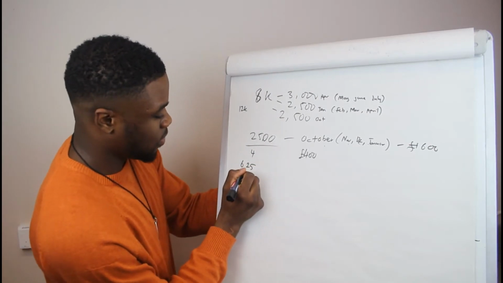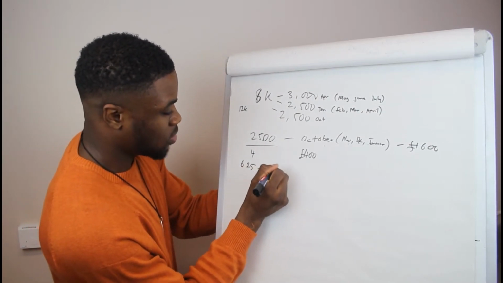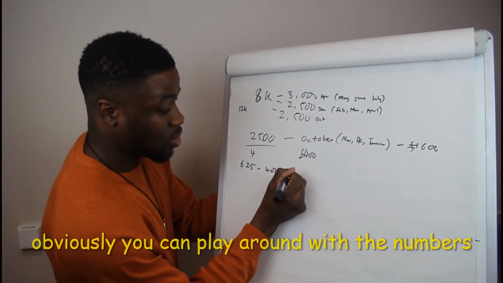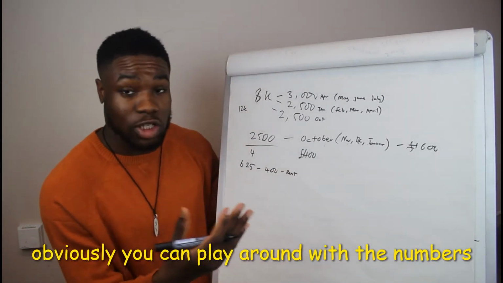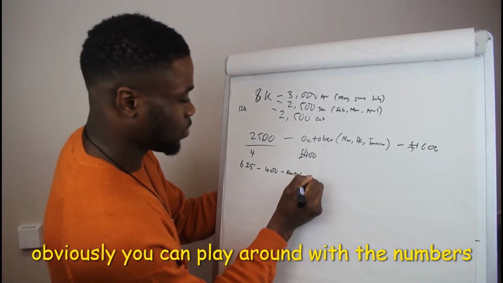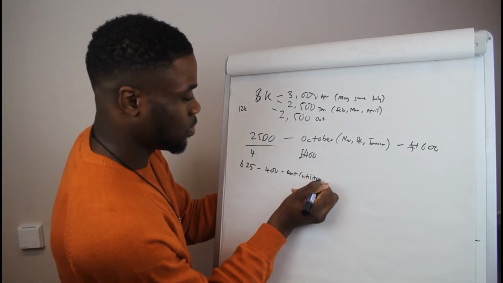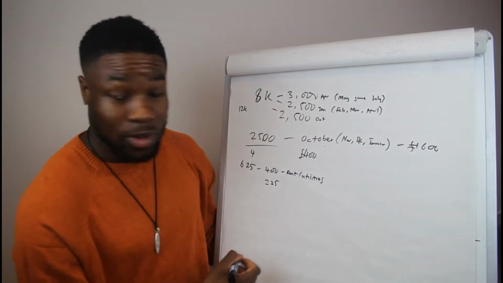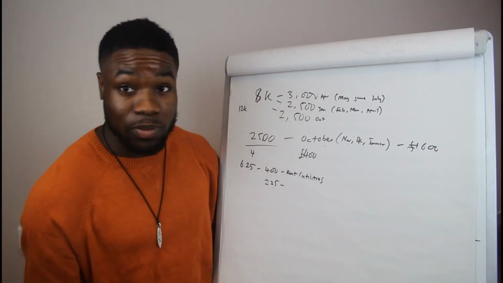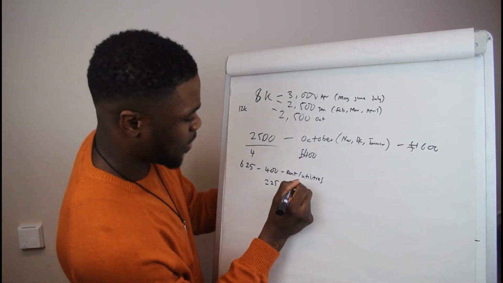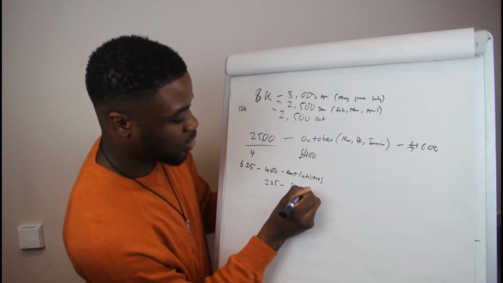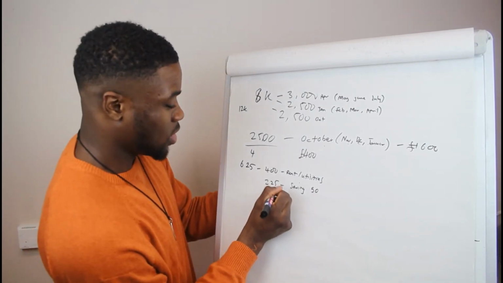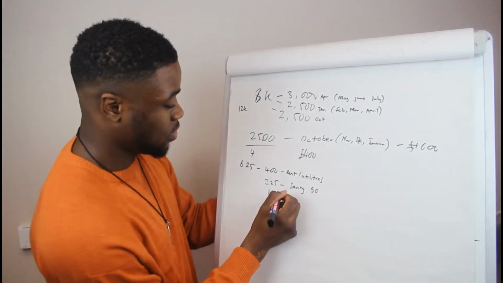So 625, and 400 per month goes out to rent, hopefully with utilities if you're living somewhere cheap. And then you have 225 to play with. I would normally save about £50, and then you'd have about 175 left.